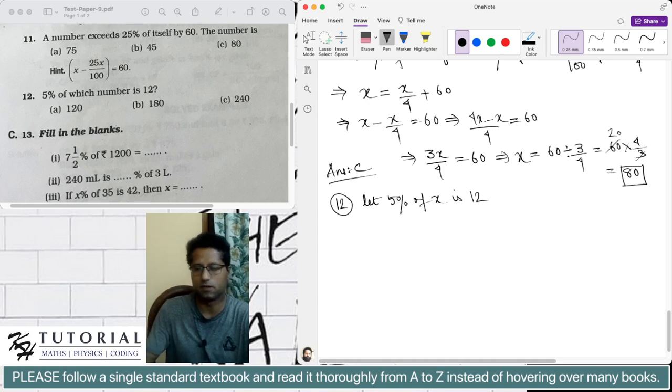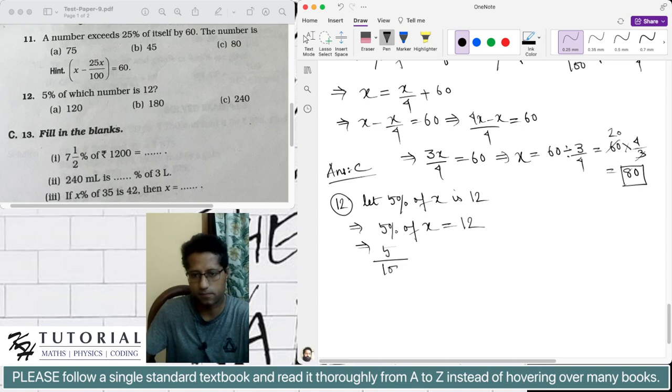So we are assuming the number to be x, and hence we can say that 5% of x is 12, which in mathematical form means that 5% of x is equal to 12. This implies 5% of x will be 5 by 100 multiplied by x is equal to 12. From here we can solve for x.